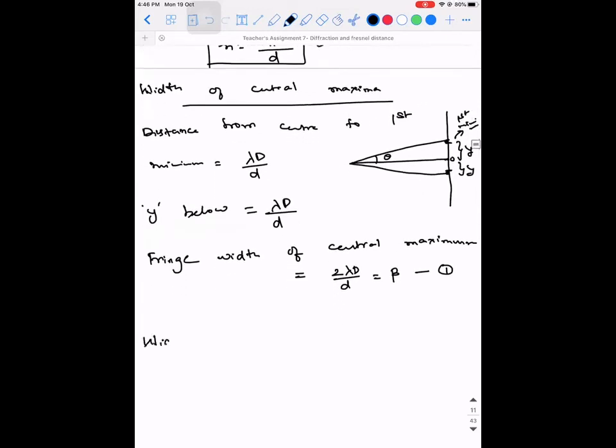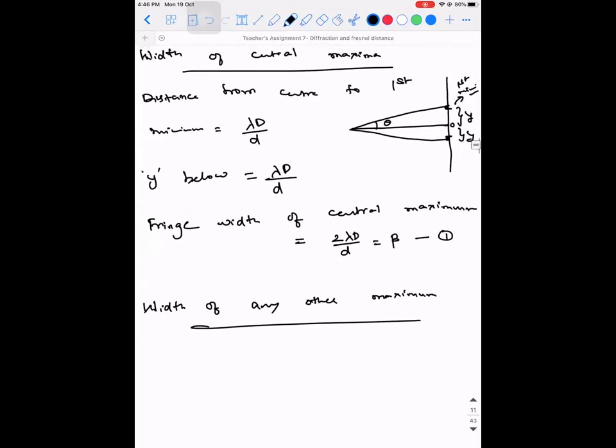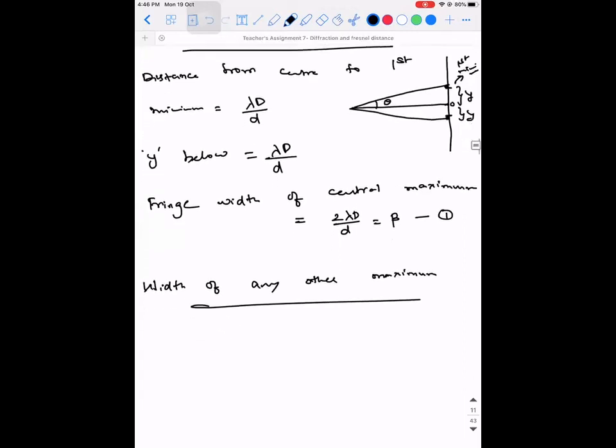Now, what is the width of any other maximum? It is nothing but the distance between the nth minimum and the (n minus 1)th minimum.